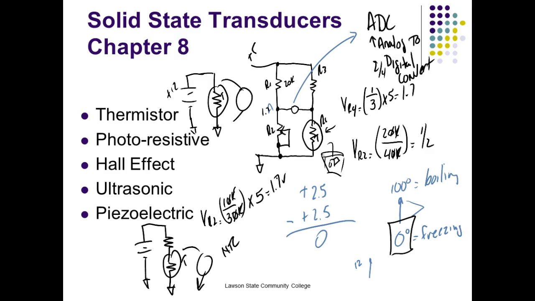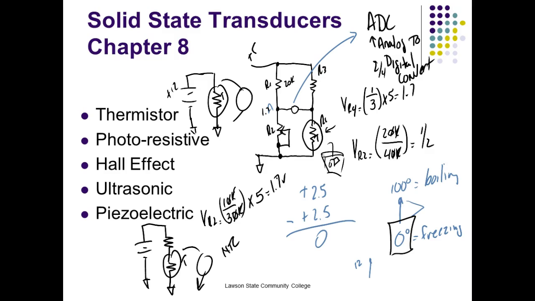So, Wheatstone bridges. Usually any sensor, if we're going to establish an origin or a zero on that sensor that changes its resistance with whatever it measures, then we're going to use the Wheatstone bridge. These guys are very, very popular. You're going to run into them quite often.